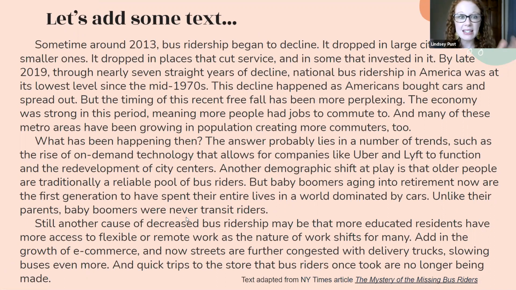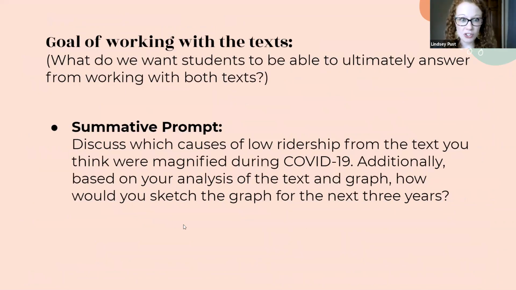So this text was with that graph, and she condensed it for the purpose of this activity, like we would for our students, tweaking it and altering it. So you will get this to read through, and then you will also have that visual. And this is that summative prompt that we want to work towards.